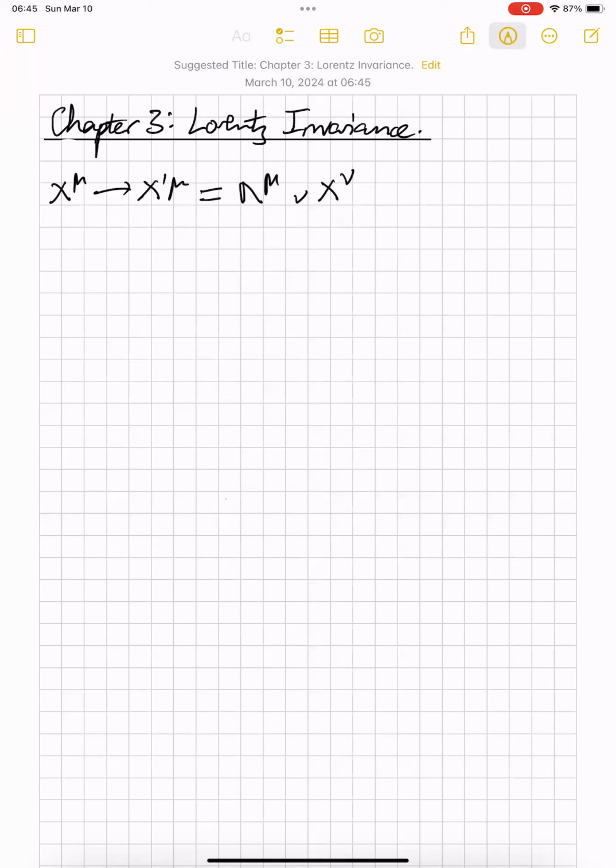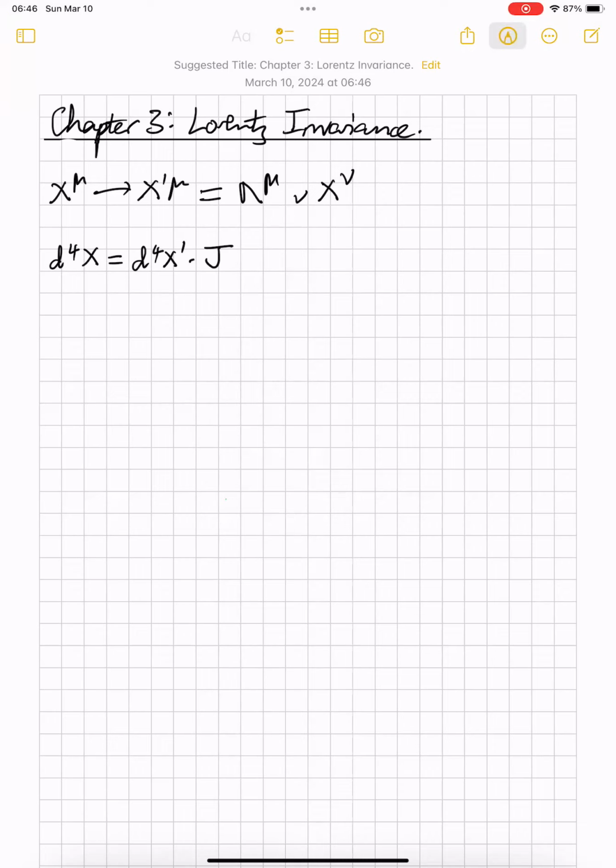Well, then we know that d⁴x will be equal to d⁴x' times the Jacobian. And because this is a nice linear change of variables, we can work out what the Jacobian is.